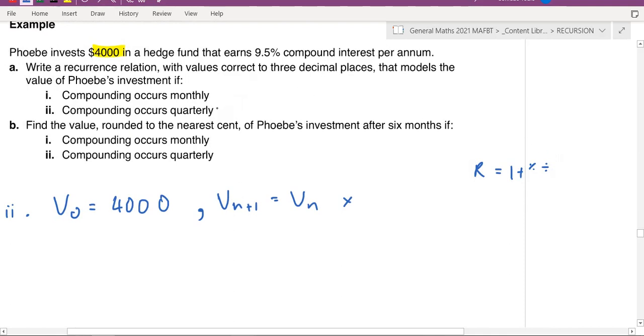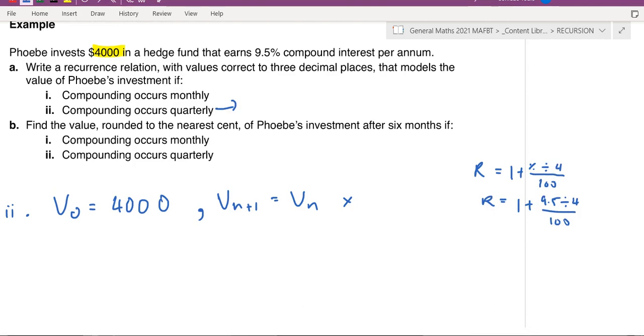So if you read the compounds for this, quarterly, it's 4, divided by 100. Okay, so the percentage rate for this is 9.5 divided by 4 over 100.